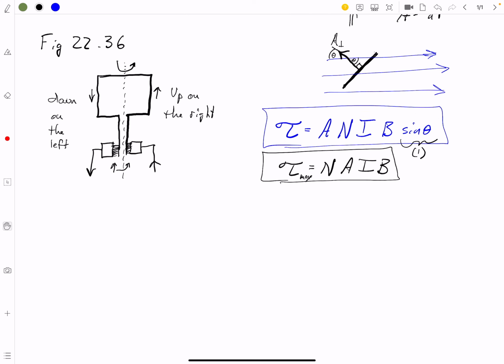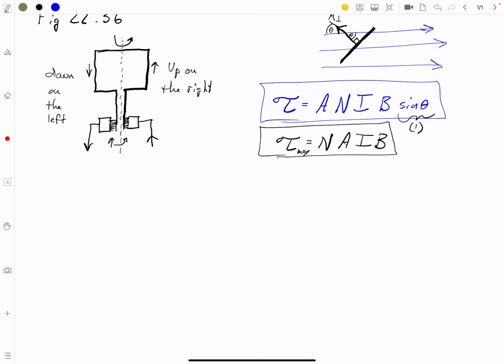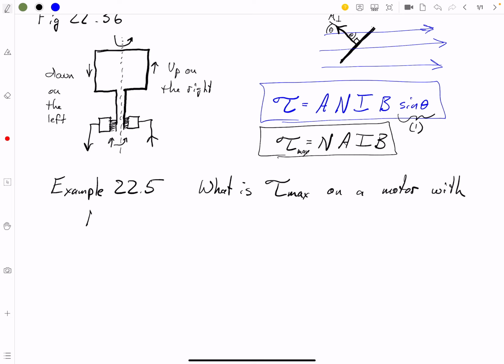All right, I'm leading into our example. And that's 22.5. We want to find the maximum. So what is the maximum torque on a motor with n equals 100 loops?